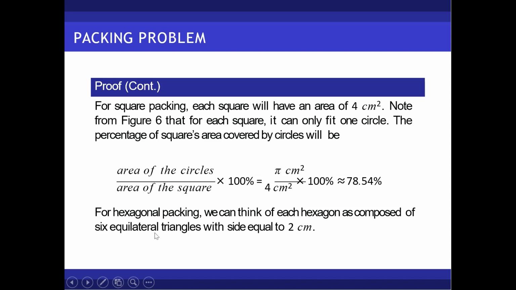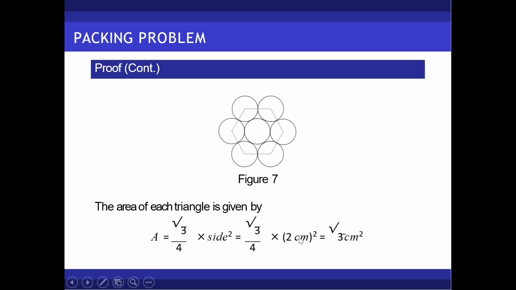Next, for hexagonal packing, we can think of a hexagon as composed of 6 equilateral triangles with side equal to 2 cm. So for figure 7, for hexagonal packing, imagine that the hexagon is composed of 6 equilateral triangles.